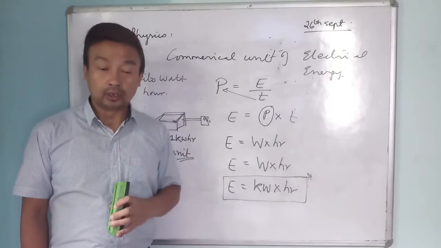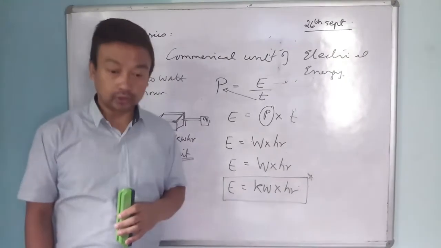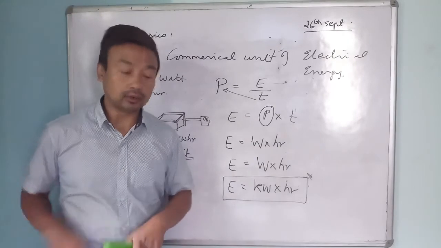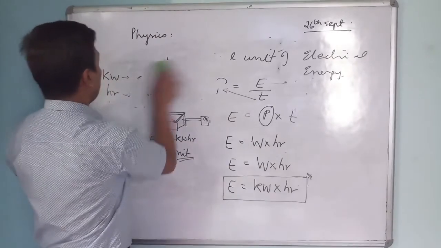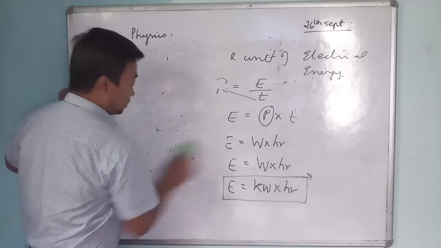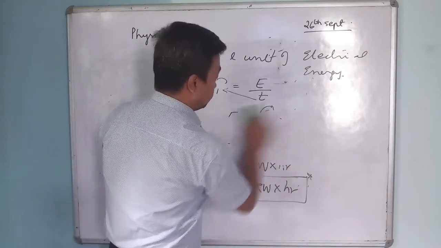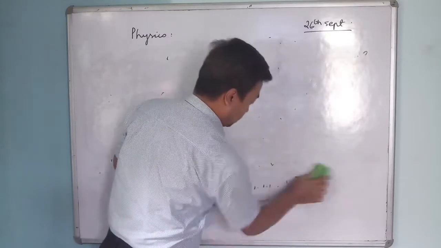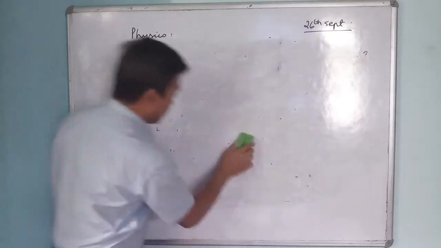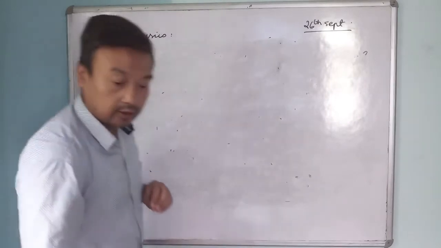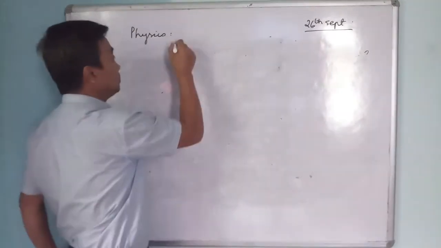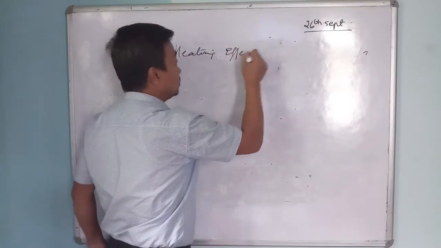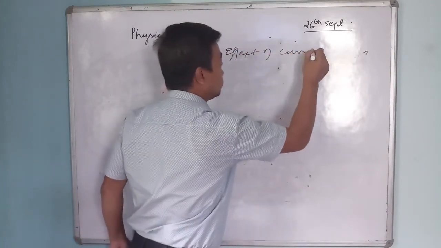Okay, now before we start the exercises, let us do one final topic from this chapter, that is the heating effect of current. Whenever a current is flowing through a circuit which has a potential difference V, that is the heating effect of current.